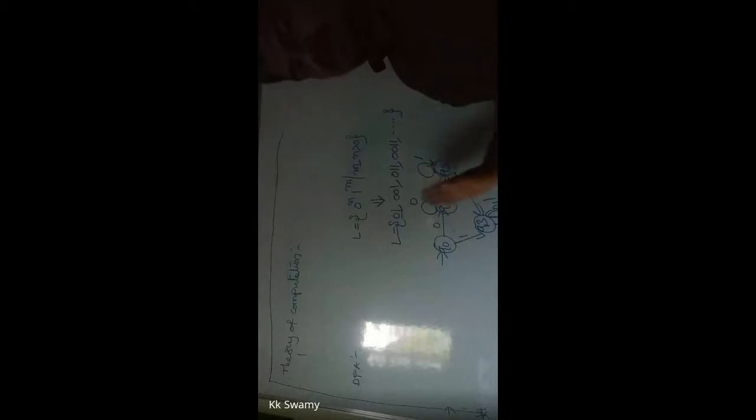So if any string starts with 1, it is invalid. That's why we assign it to a new state, called the trap state or dead state. Because if any string starts with 1, afterwards any number of zeros and ones always has to go to the trap state. That trap state means there is no exit from here. That's why zeros and ones loop here only.